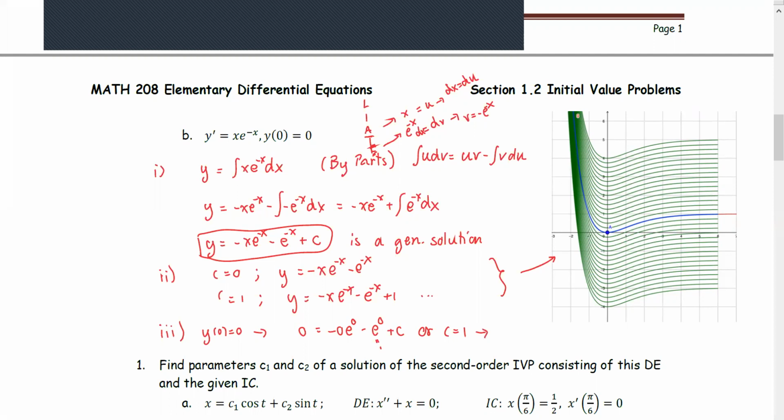Therefore, the particular solution is y equals negative x e to the negative x minus e to the negative x plus 1.